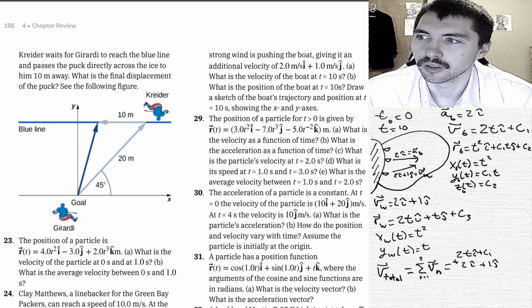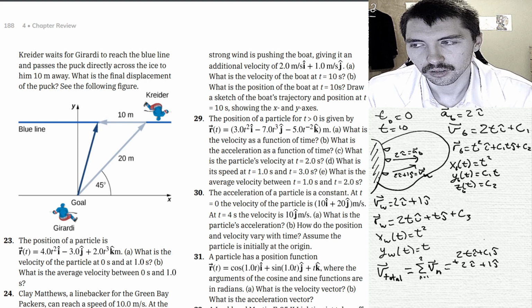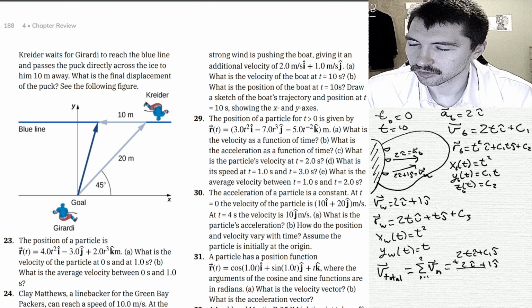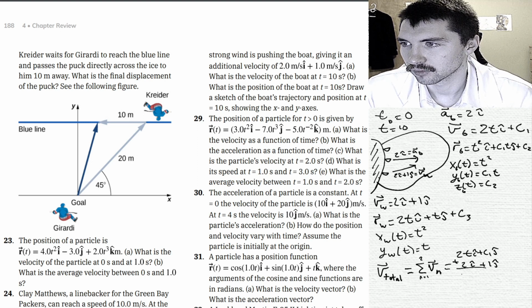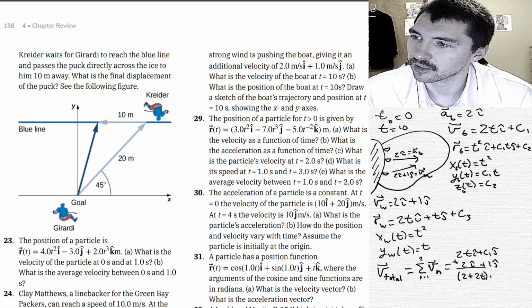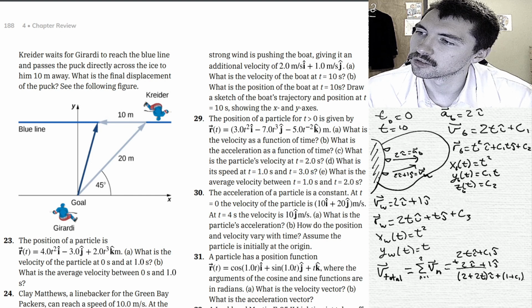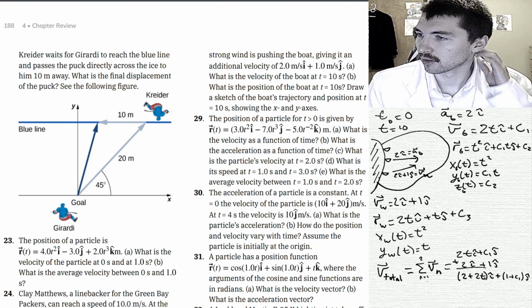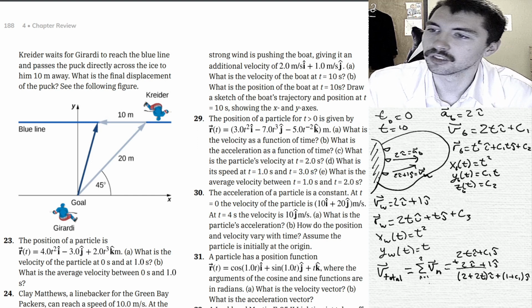Okay, so it's like, do I write a j here or not? I don't really know. But we're gonna get 2 plus 2t i plus 1 plus C1 j. That's my total velocity.